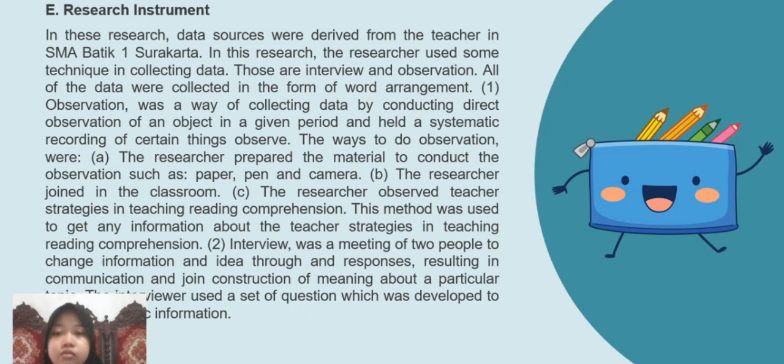The ways to do observation were, the first, the researcher prepared the material to conduct the observation such as paper, pen, and camera. The second, the researcher joined in the classroom. The last, the researcher observed the teacher's strategy in teaching reading comprehension. This method was used to get information about the teacher's strategy in teaching reading comprehension.